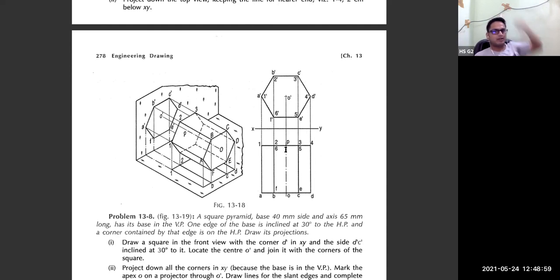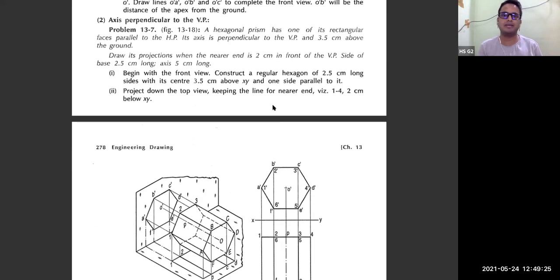In the question it may even be given that it is 20 mm, or some distance will be given, 20 mm above the horizontal plane. So this distance you have to maintain, like F and B, from here it will be F prime, and the distance from this line XY, that distance you have to maintain as 20, like that.